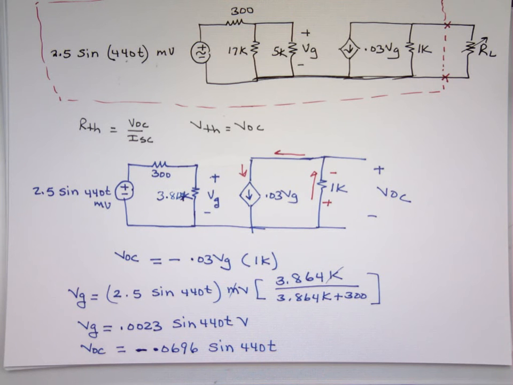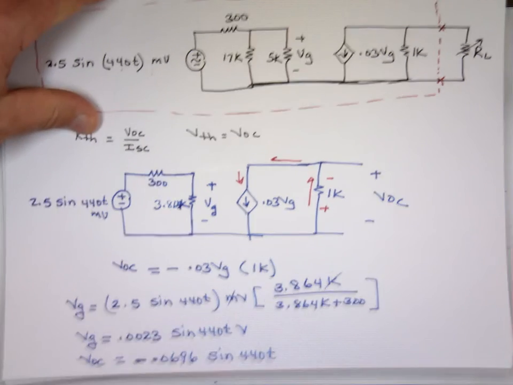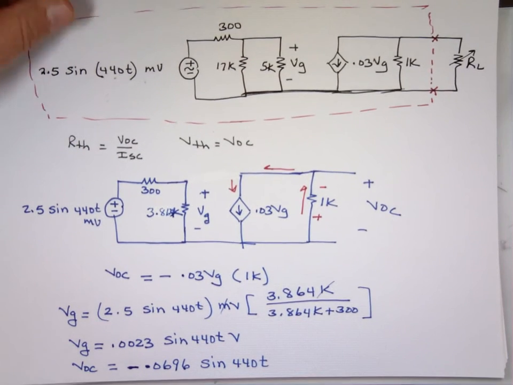Now I need to find I short circuit, because I got to find R Thevenin. So that's V open circuit. Let's look at I short circuit. Let's put a wire there.